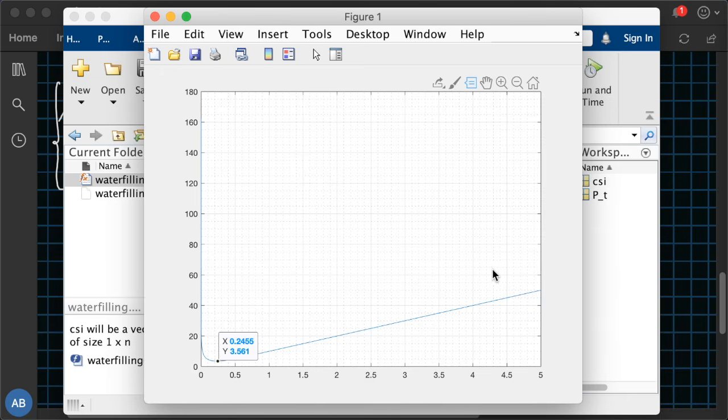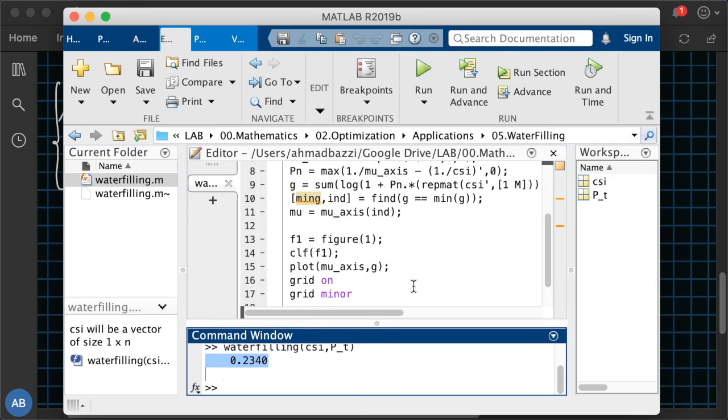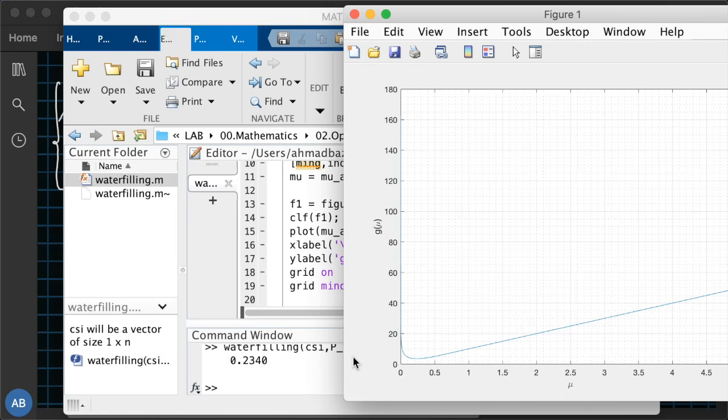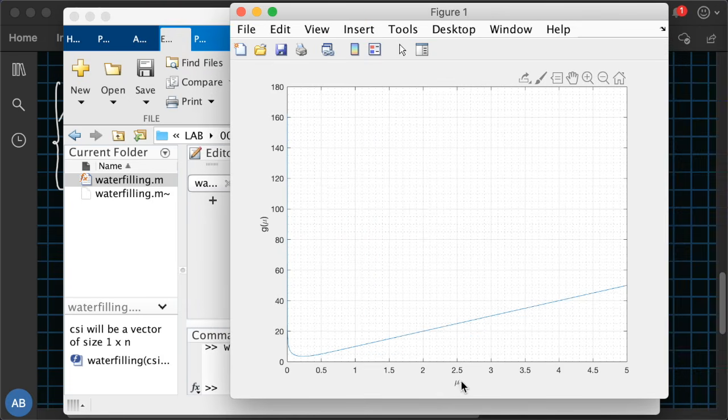Of course, the one that minimizes my G, right? Let's give it an x label. That is my mu. And a y label. That is my g of mu. So run. There you have it. This is the mu, and this is the g of mu. So this is the best mu.